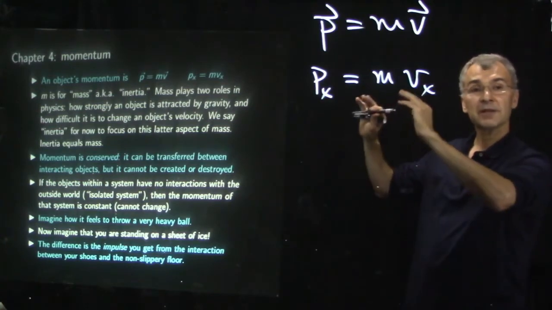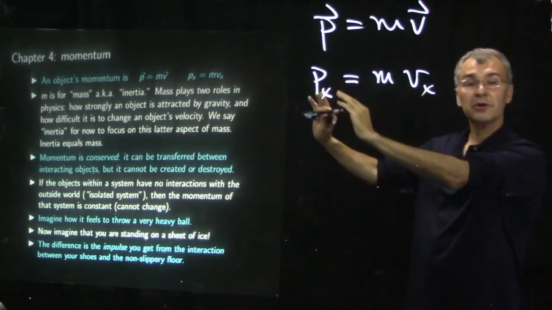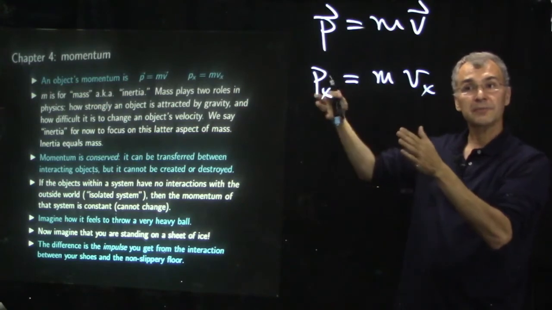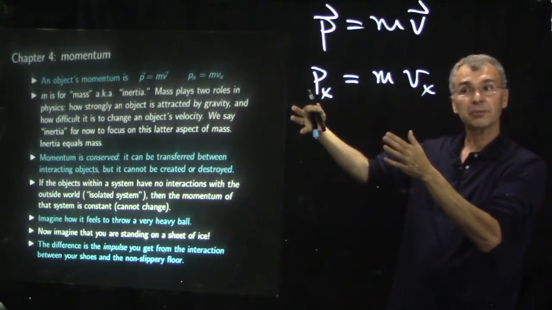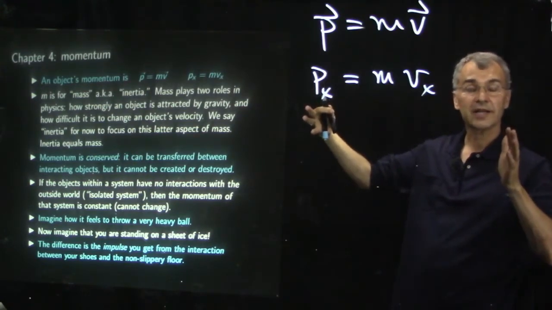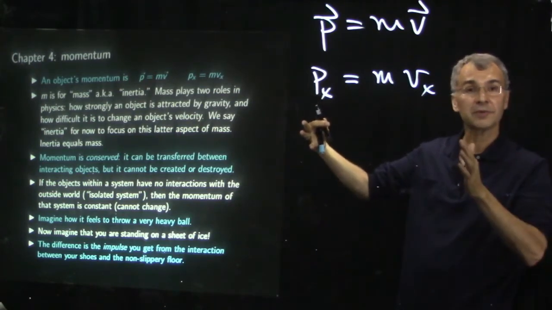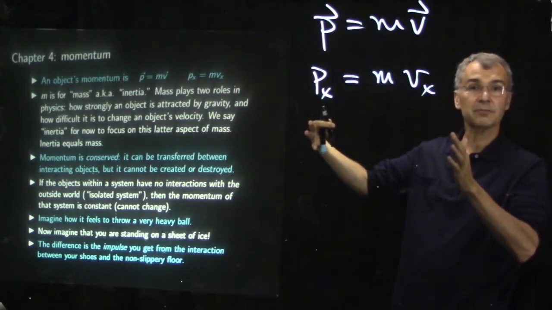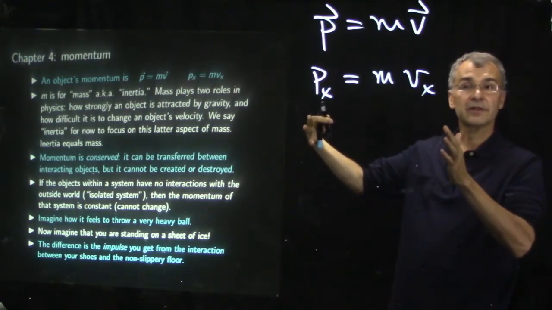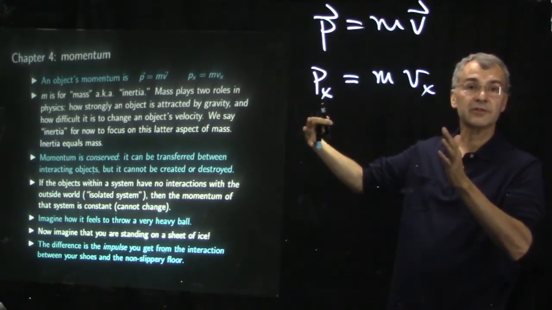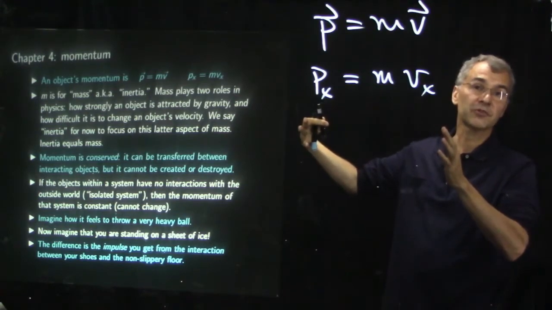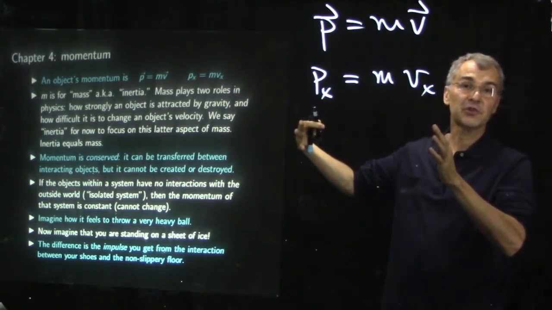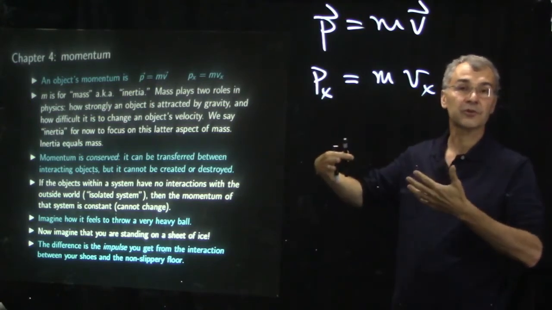So then, when Mary throws the ball, from the instant before she throws the ball until the instant after she throws the ball, the system consisting of Mary plus the ball is isolated, because Mary is only pushing on the ball, and only the ball is pushing on Mary. So there's no interaction with the ground to worry about.